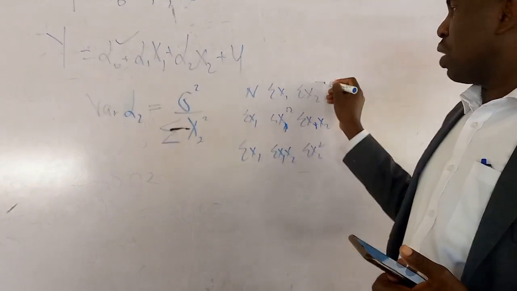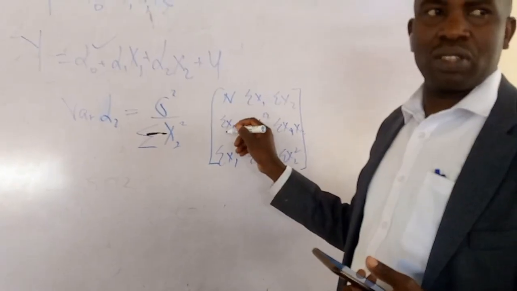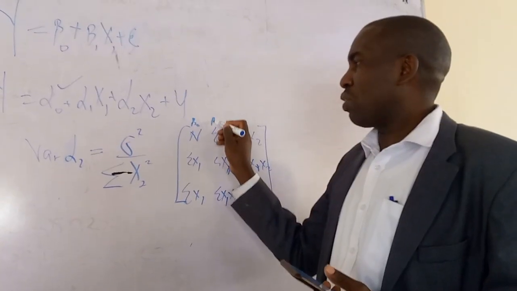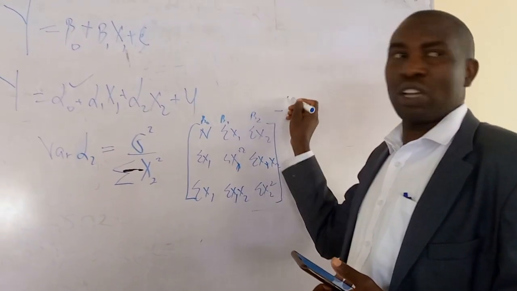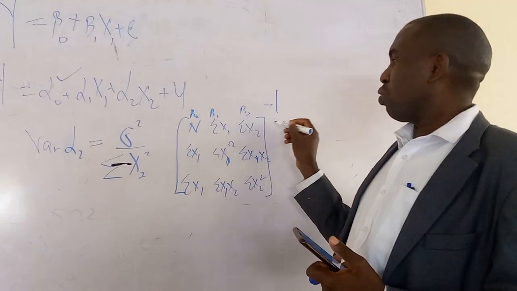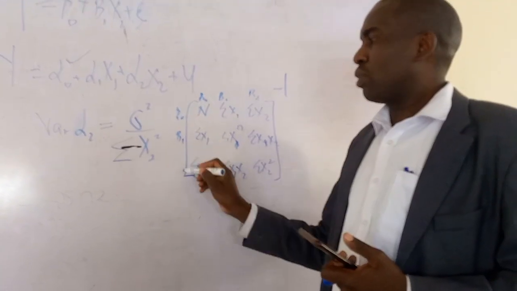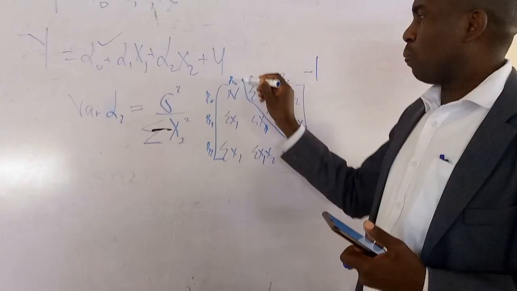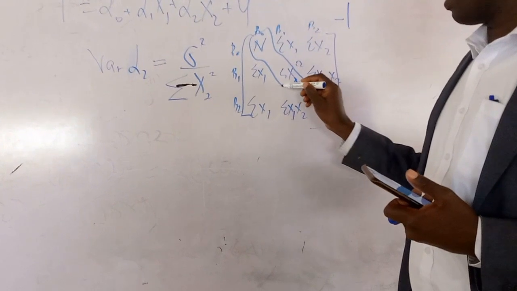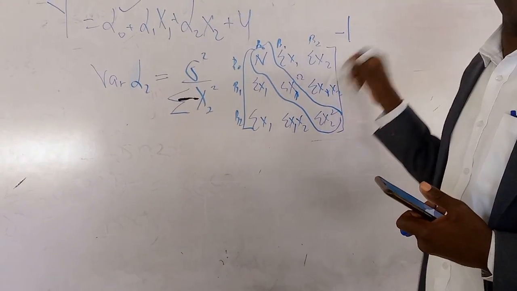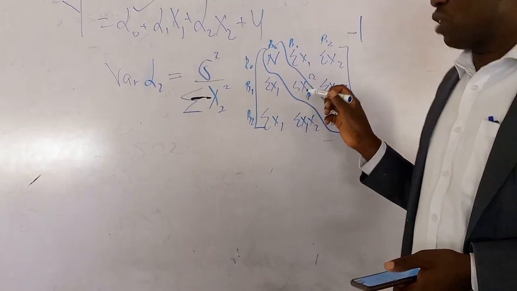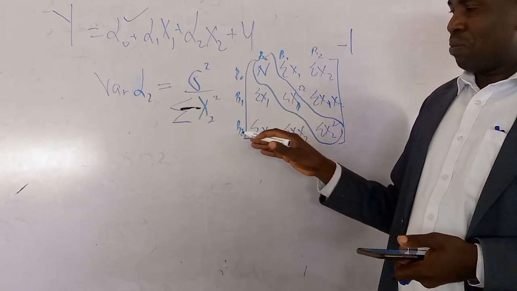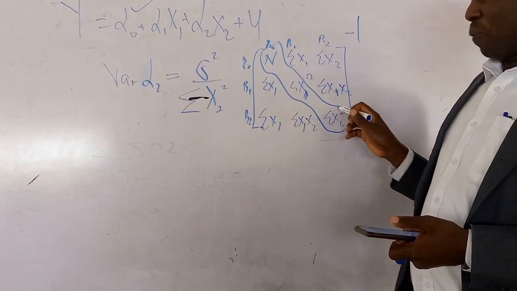We agreed that if you get the inverse of this, you get beta naught, beta 1, beta 2. The principal diagonal gives us the variances, and the others give us the covariances. So if you are to get the variance of beta 2, we look where the 2 intersect. Beta 2 is here, beta 2 is here, so you pick this one.